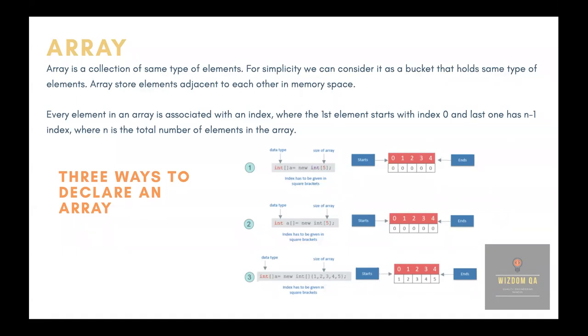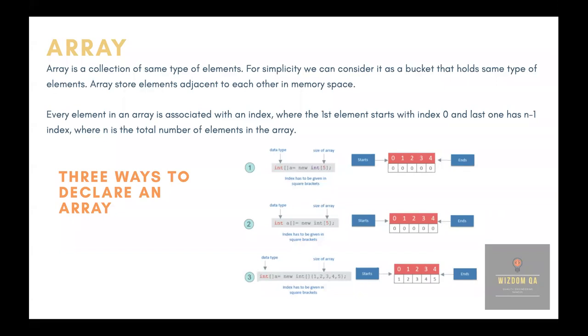and that variable we call an array. In an array, we start the indexing at 0. If I am saying the array is of size 5, or the total number of elements it can store is 5, then the 0th index will store the first element, then the second element and third element, like that, till the last element.